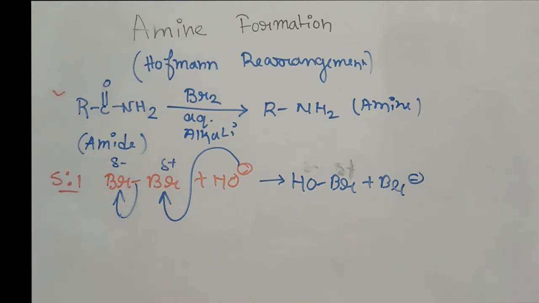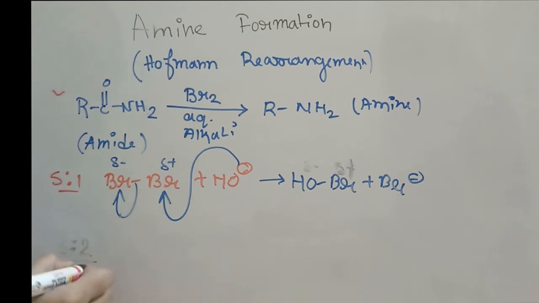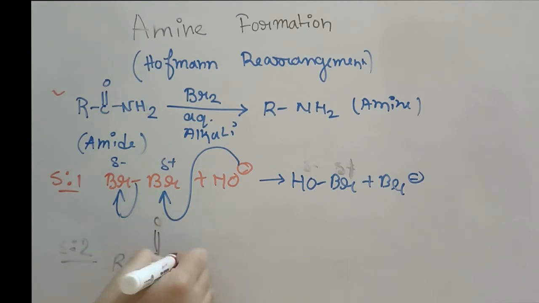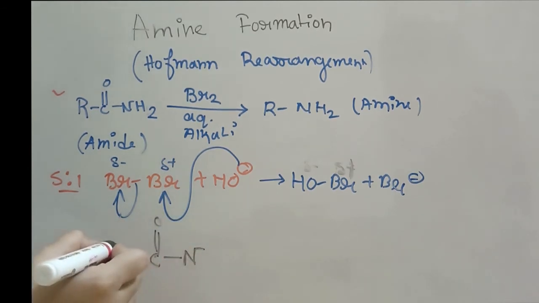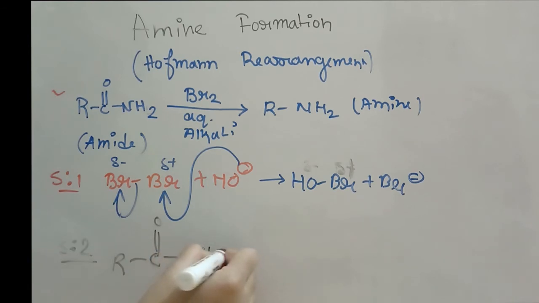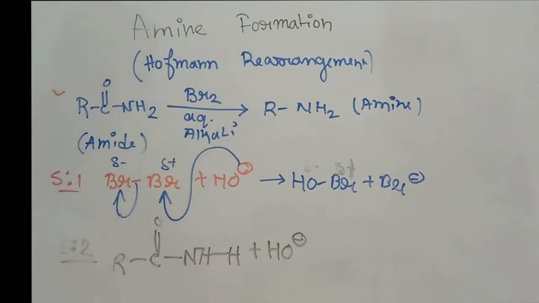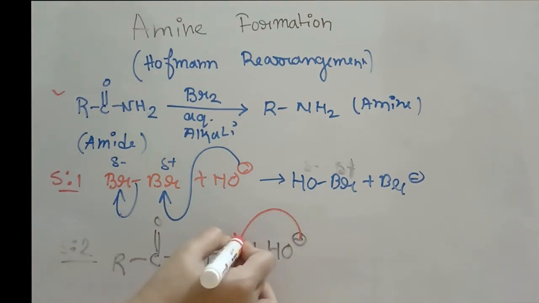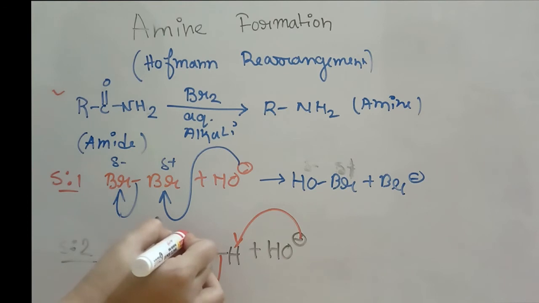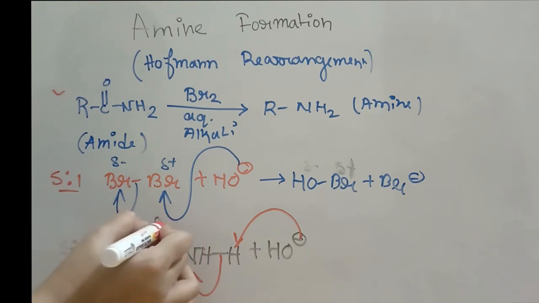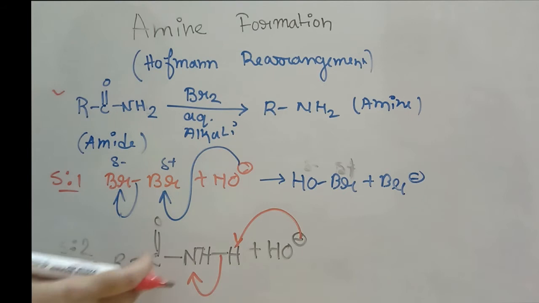Now in step 2, we have our amide. That hydrogen we can think of as acidic, because if OH negative takes up this hydrogen, a negative charge comes on nitrogen, and that negative charge will be stabilized by resonance, or by the minus R effect of the carbonyl group.